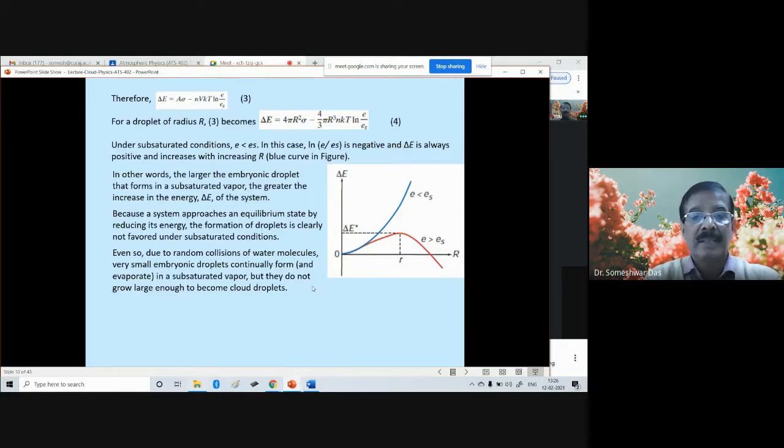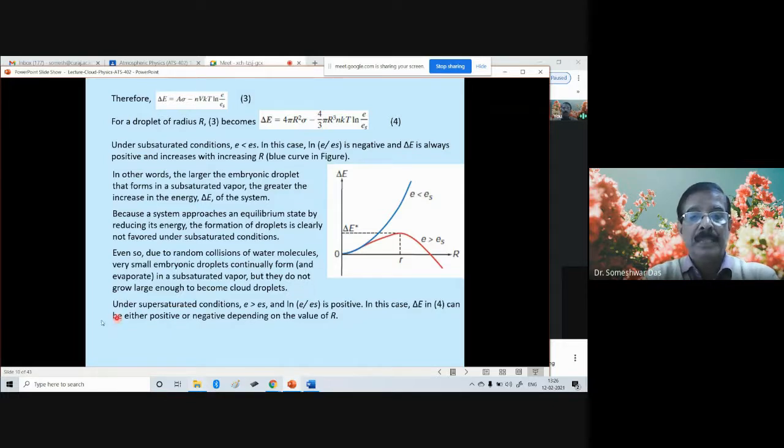One is the cloud droplets, another is the embryonic droplets, embryonic droplets of the water vapor formed because of supersaturation or homogeneous nucleation.